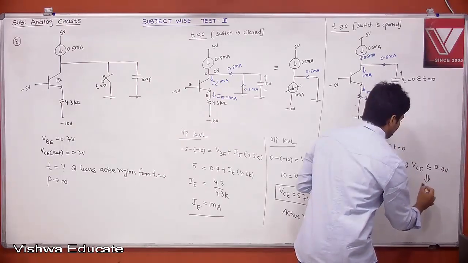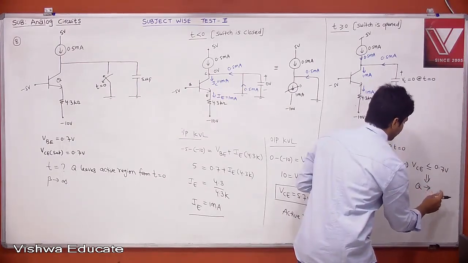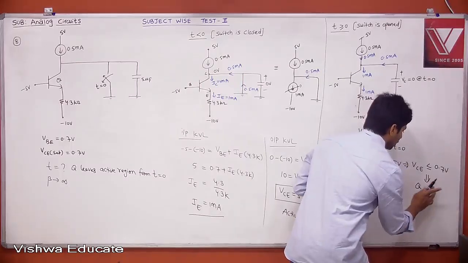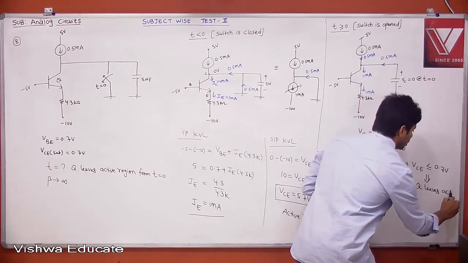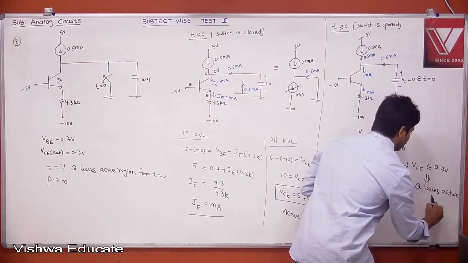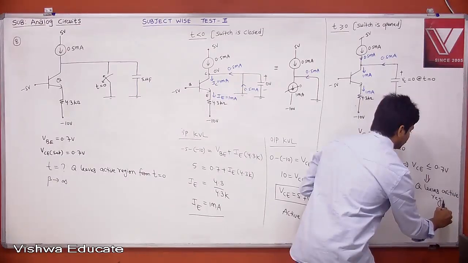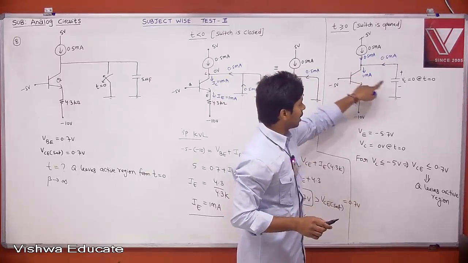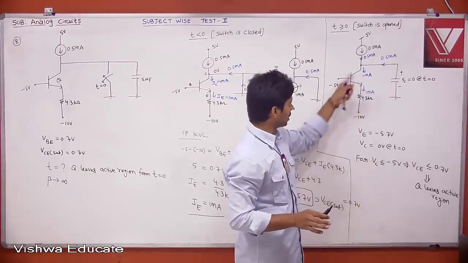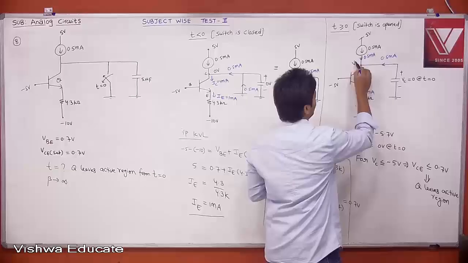Then Q leaves the active region. This is a very important point. If you understand this, the problem is over. This is nothing but VC with respect to ground.